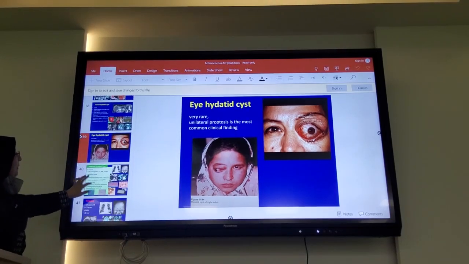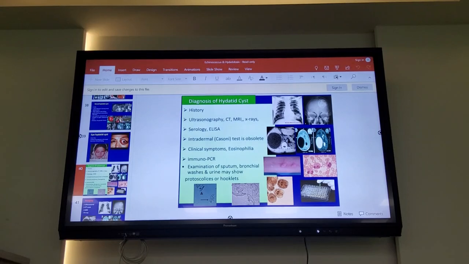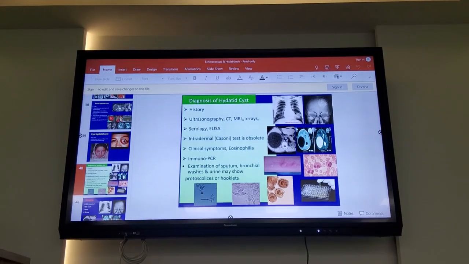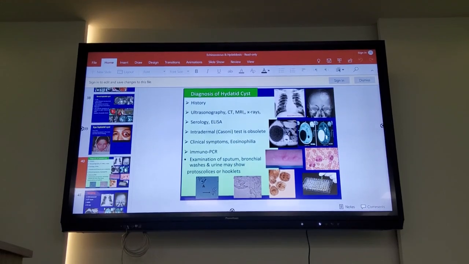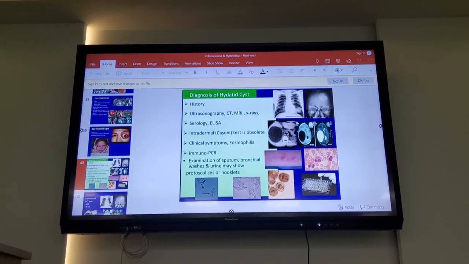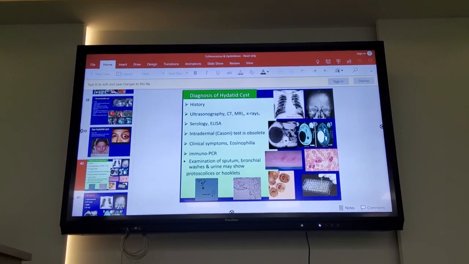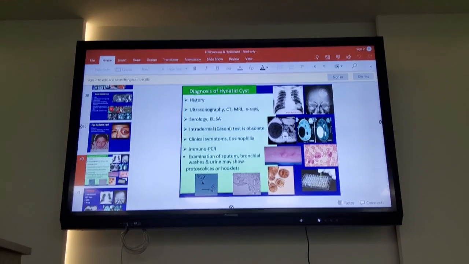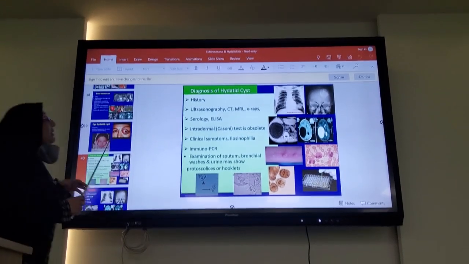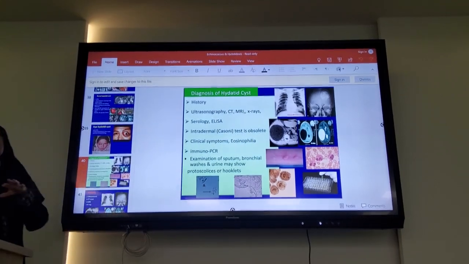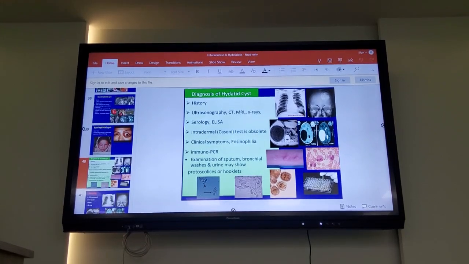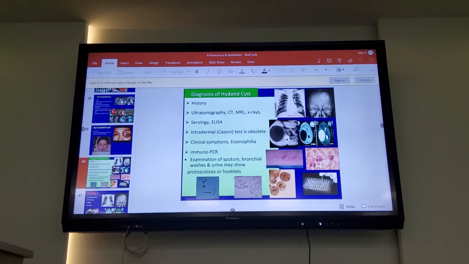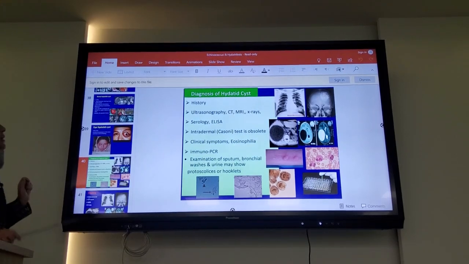Let's go through the diagnosis. The history is important. What is the occupation of the patient? Are they in close contact with dogs? Do they eat vegetables which are not properly washed? The history is important. In recent decades, imaging techniques have been useful both for diagnosis and for treatment, especially during surgery.